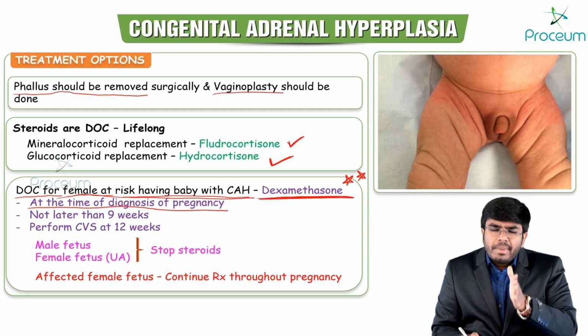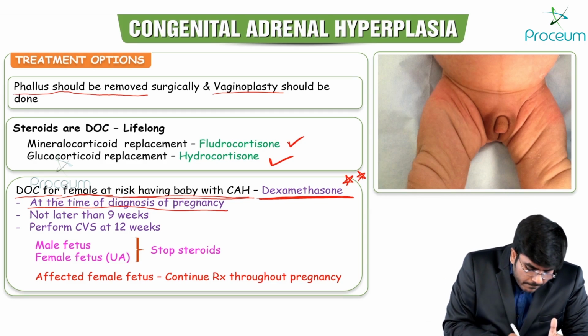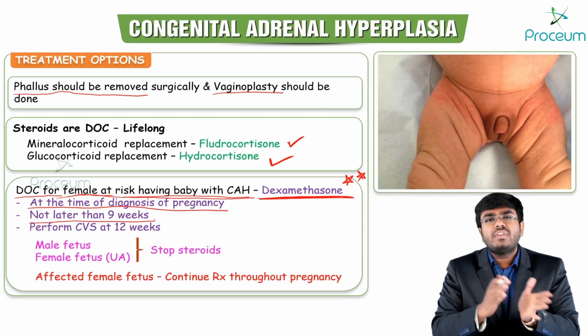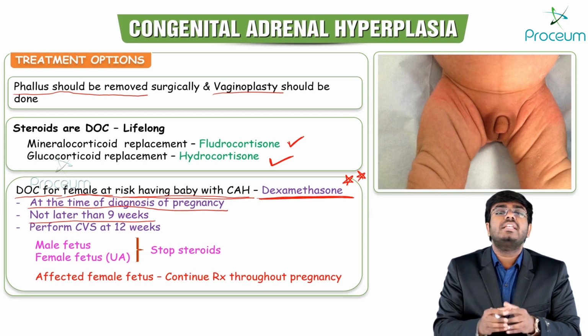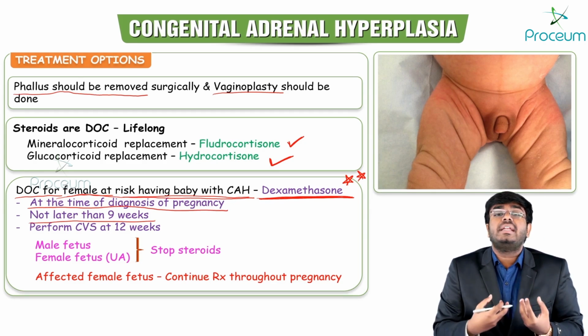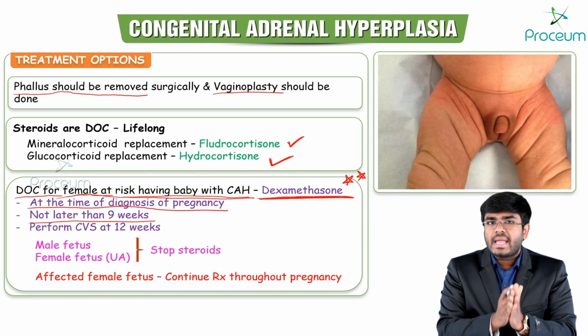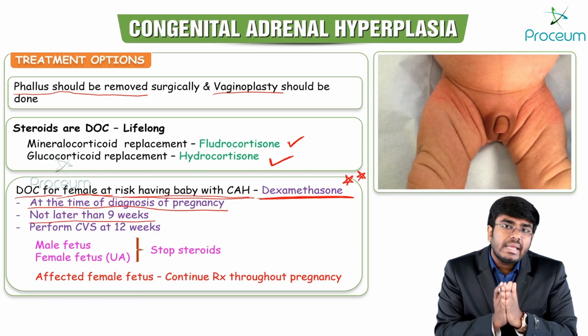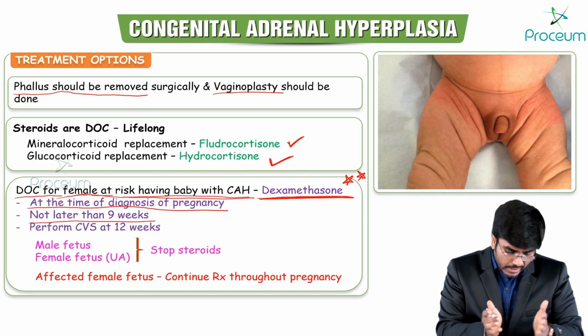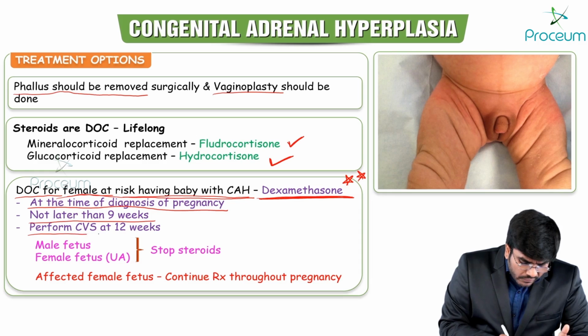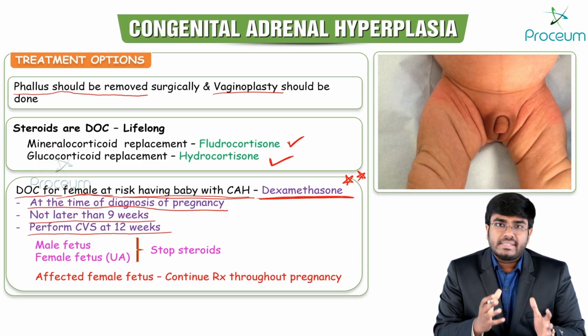But it's better if you start before 9 weeks, not after 9 weeks. Okay, after 9 weeks there is no use. Why? Because already external genitalia are formed. Best is immediately after diagnosis of pregnancy, but not later than 9 weeks. Okay, not after 12 weeks.